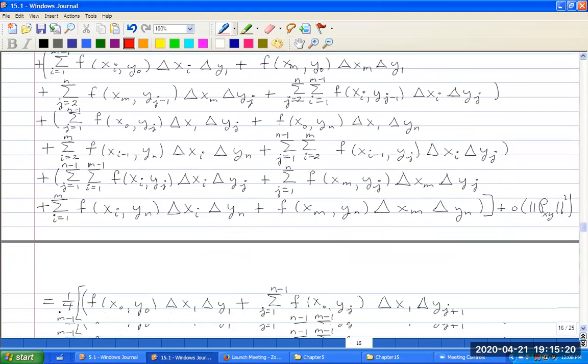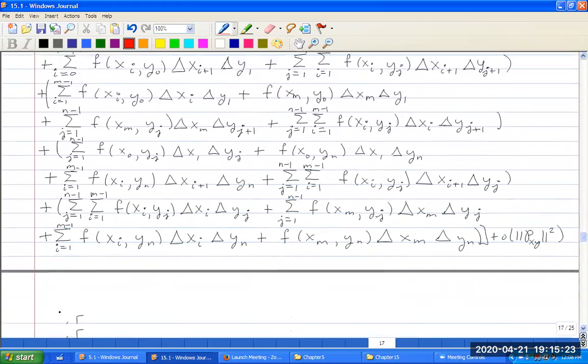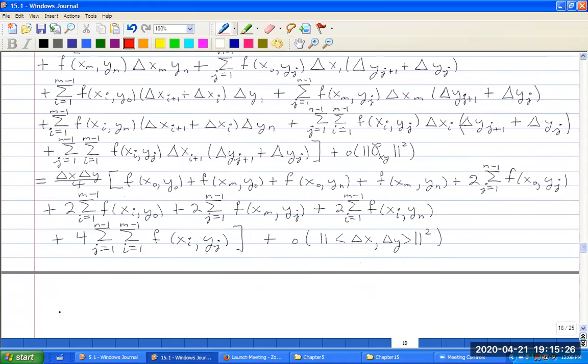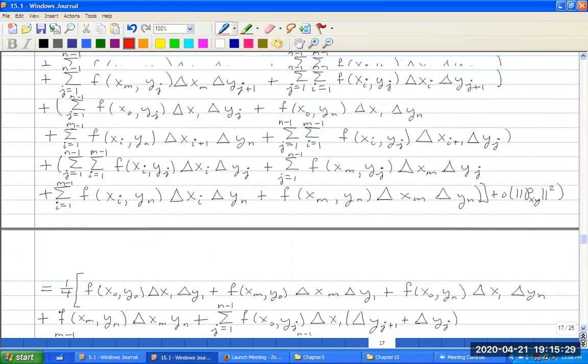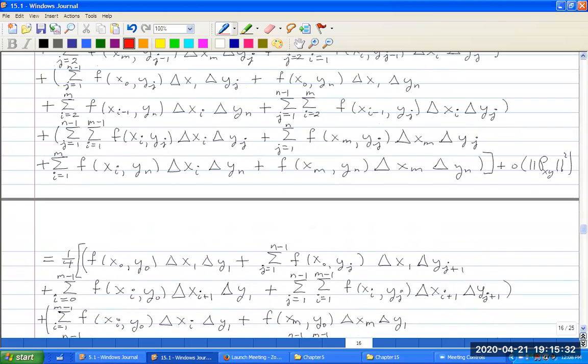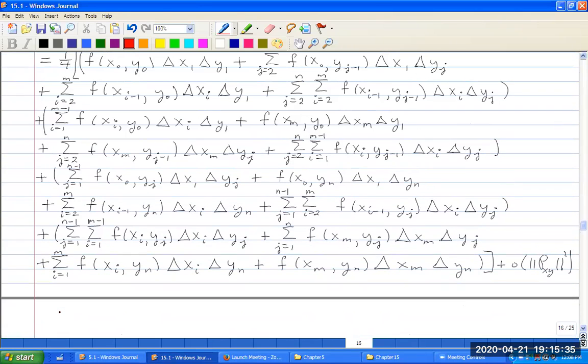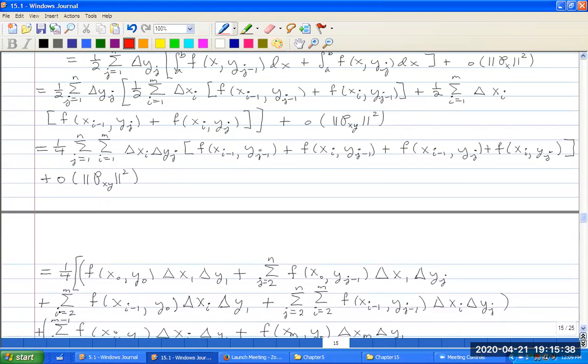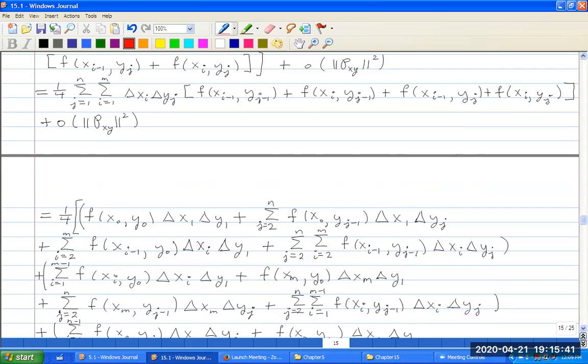Oh, I wanted to rewrite that. Okay, so I don't know if it's 15 minutes to go over that. This is just a rewriting of this. So if you remember, the trapezoidal rule looked like a 1, 4, 2, 4, 2, 2, 4, 1 pattern.